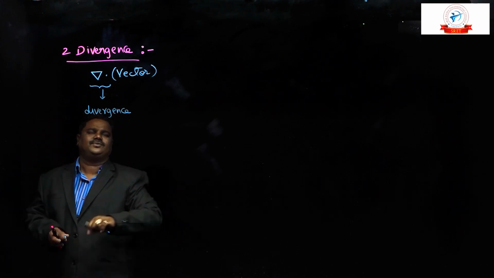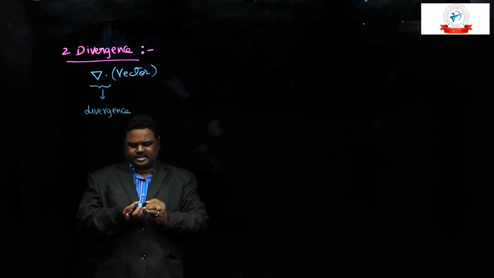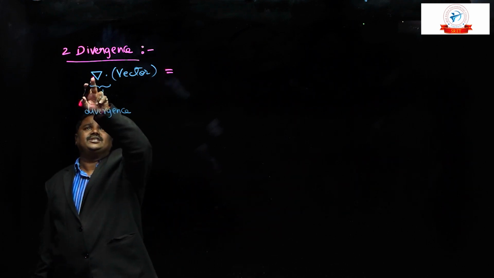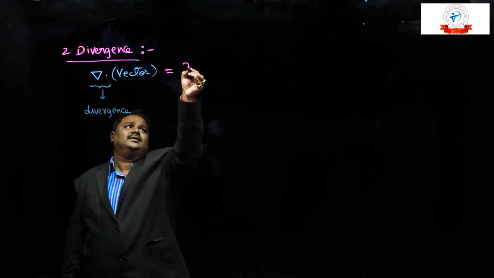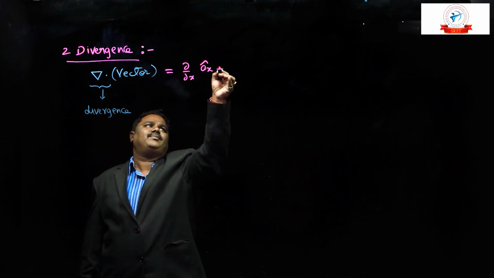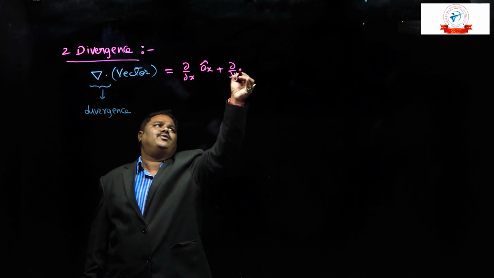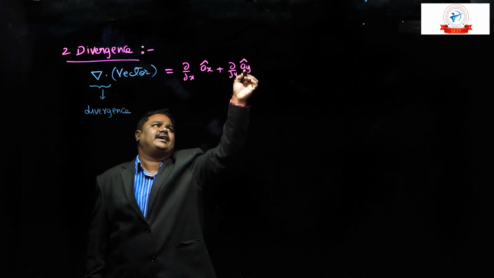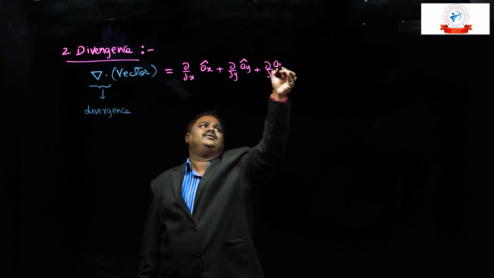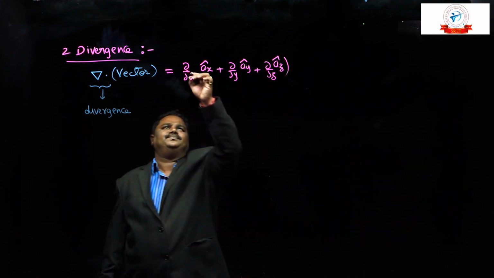Divergence operation. Now let us consider what is the formula for the divergence operation. Here you know the equation for the del operator. Del operator is given by dou/dou x into ax cap plus dou/dou y into ay cap plus dou/dou z into az cap.